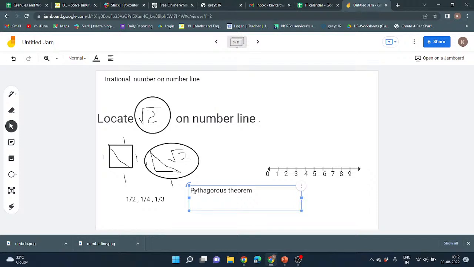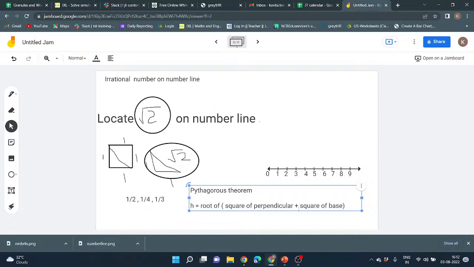So the hypotenuse will be equal to the root of the square of the perpendicular plus the square of the base.